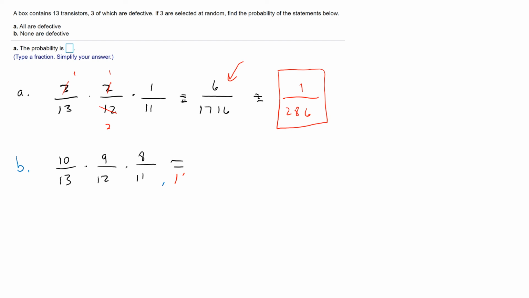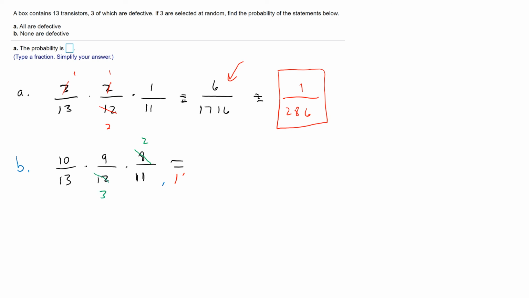And once again, we can either reduce or multiply across. I find it easier to reduce in this stage. That way I don't have big numbers to try to reduce. And so let's see, 4 goes into 8 twice, and 4 will go into 12 3 times.